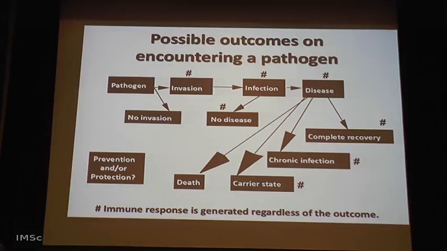That doesn't mean you will not be infected again. There might be another breach, there might be another trigger of immune response, you will still reach this stage, infection, and it may not lead to disease.